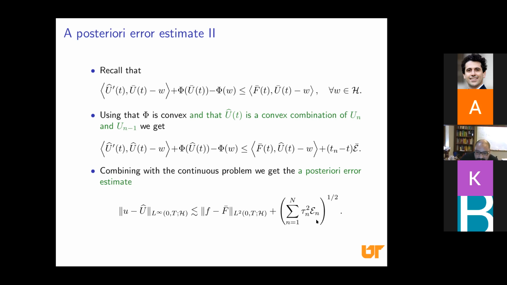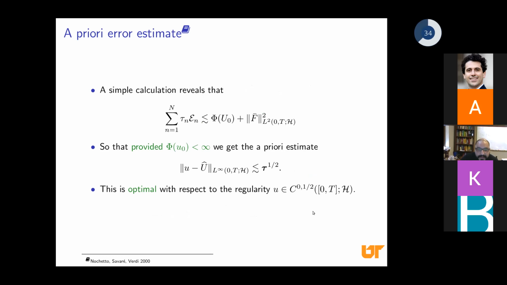It is also interesting that, for instance, if I take a tau out of this sum, say as the max, if I compute only the sum of tau times E, that can be controlled from above in terms of data.